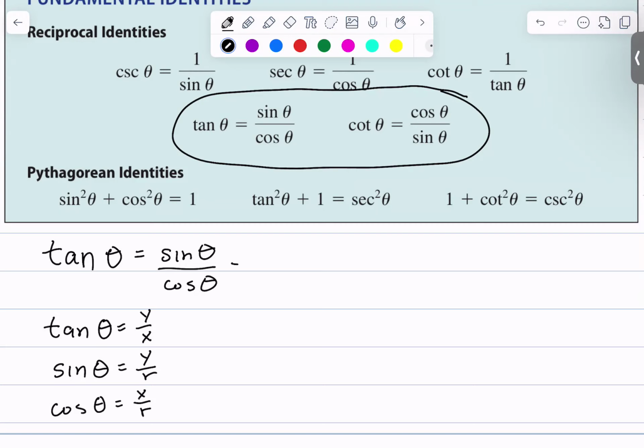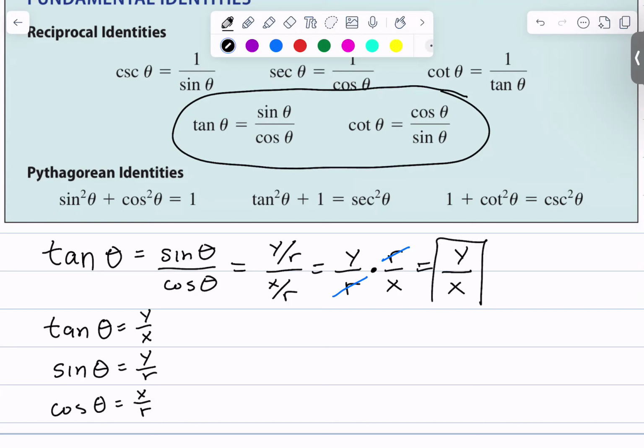So if I turn this into y over r over x over r, this is going to be y over r times r over x, right? Because we're dividing two fractions, so we take the reciprocal of our denominator. And it so happens when we do that, these r's cancel out. And we're left with y over x, which is tangent. Okay, so that's how that works.